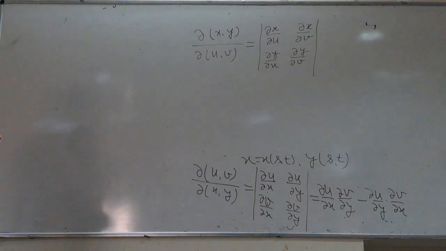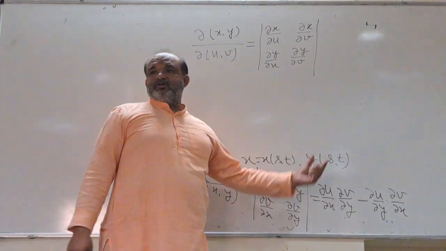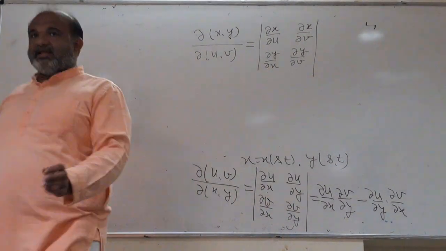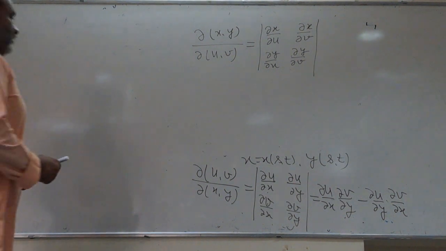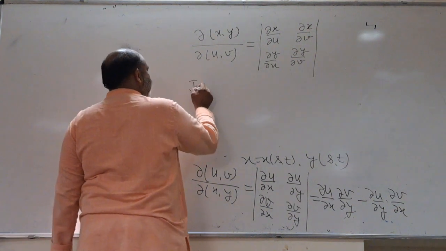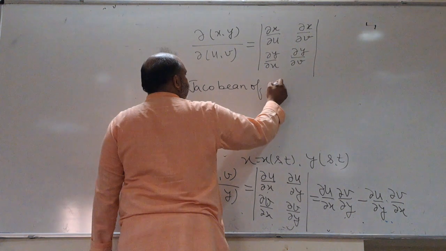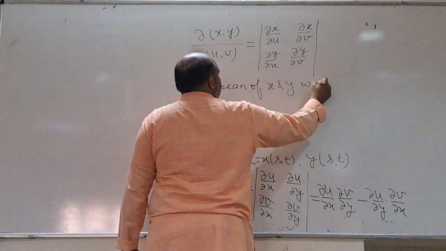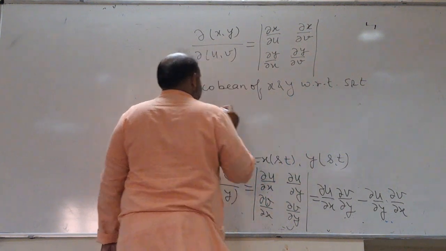So now again I am having x as a function of s and t and y as a function of s and t. Then I can have the Jacobian of x and y with respect to s and t.